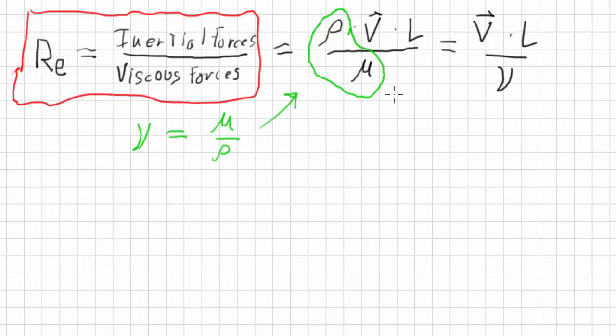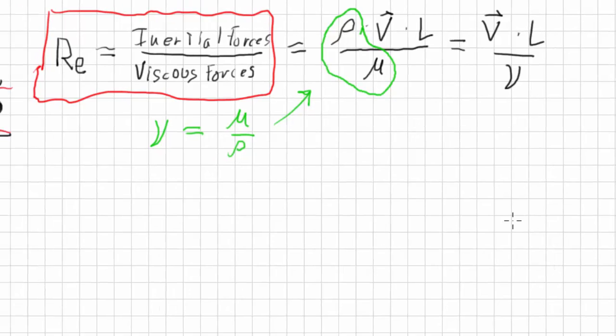So let the tables give you this instead of having to divide this whole thing all the time and dealing with the unit conversions and so on. That can be kind of tricky and problematic. So this is a simpler formula. Take advantage of it when you can.